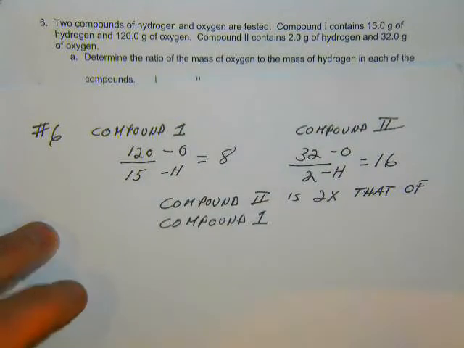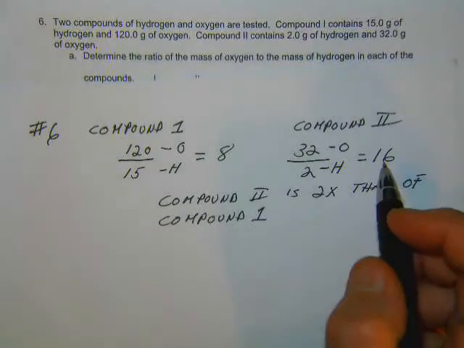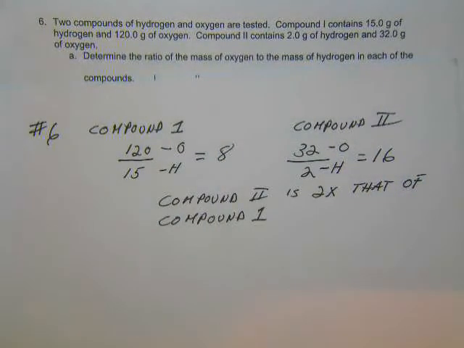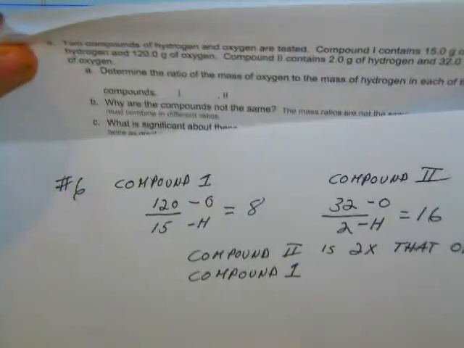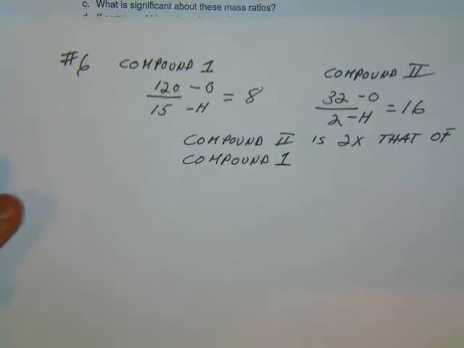I should have made that a Roman numeral, but I didn't. So we've got twice as much oxygen in 2 as we do in 1. Alright, so let's see what we got here. Oh, I got the wrong sheet. Hang on a second here. What is significant about these mass ratios?